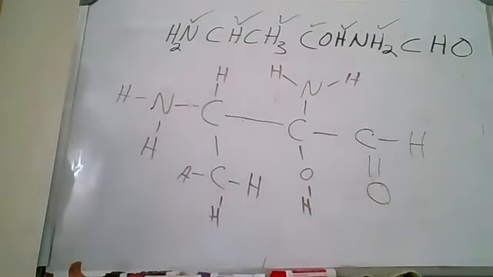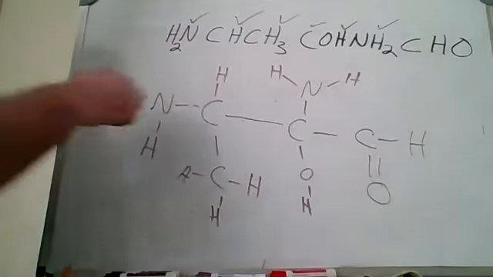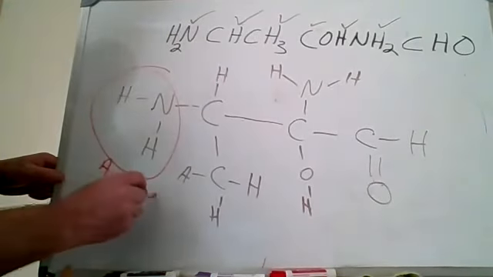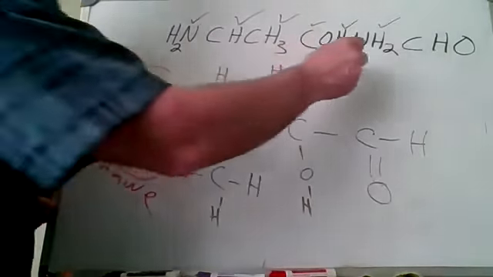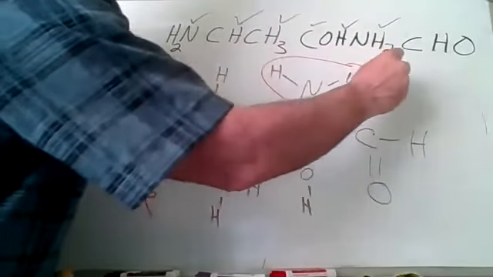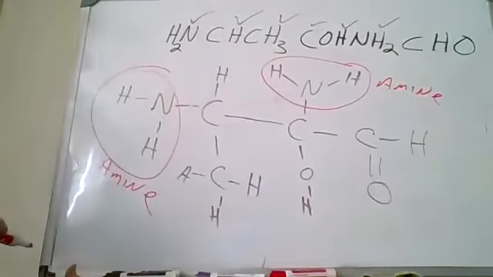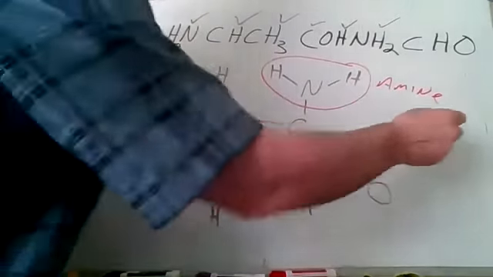Okay. How about functional groups? Well, let's take a look. Here's an amine group. And over here is a second amine group. And this guy down here is not a ketone, but an aldehyde.